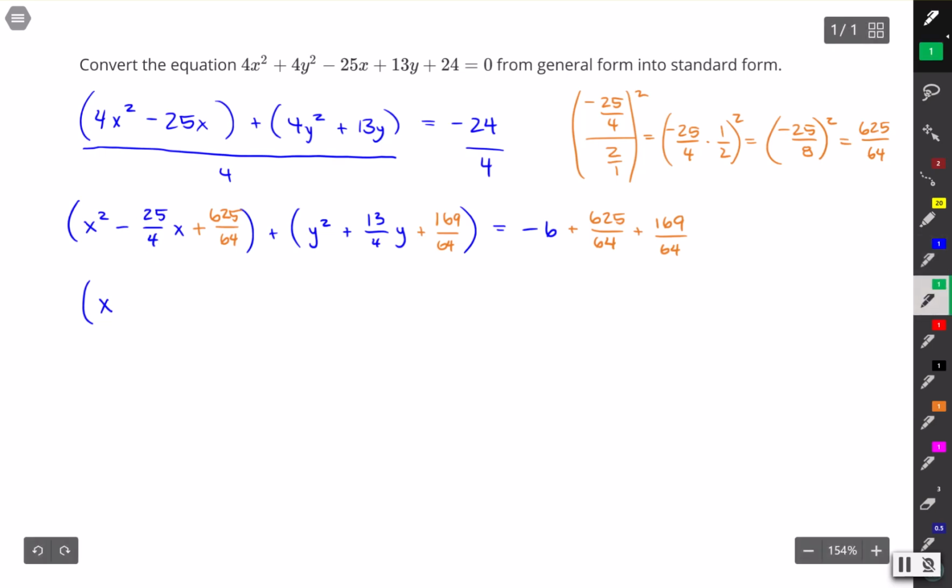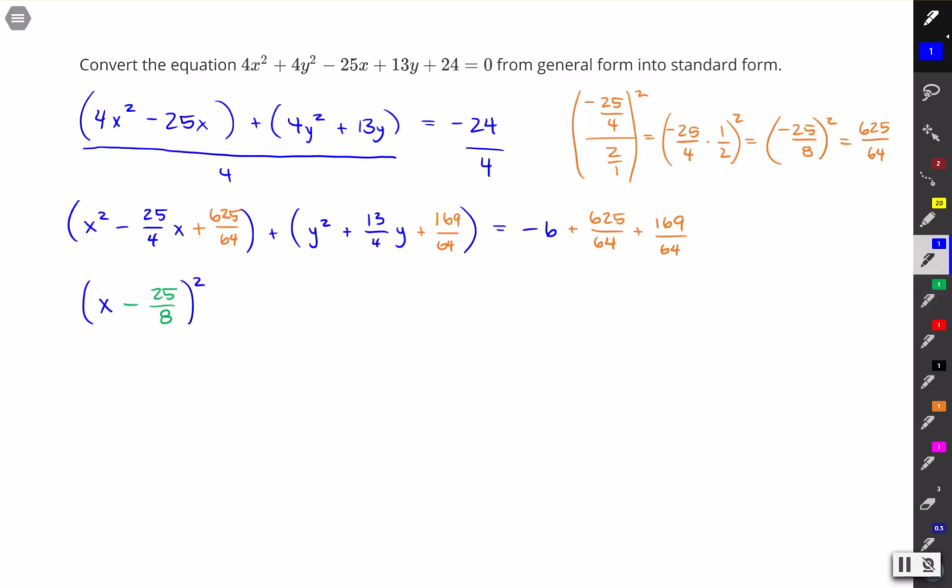So half of negative 25 fourths is negative 25 eighths, quantity squared. Okay? You don't have to do any work really when you are factoring a perfect square trinomial.